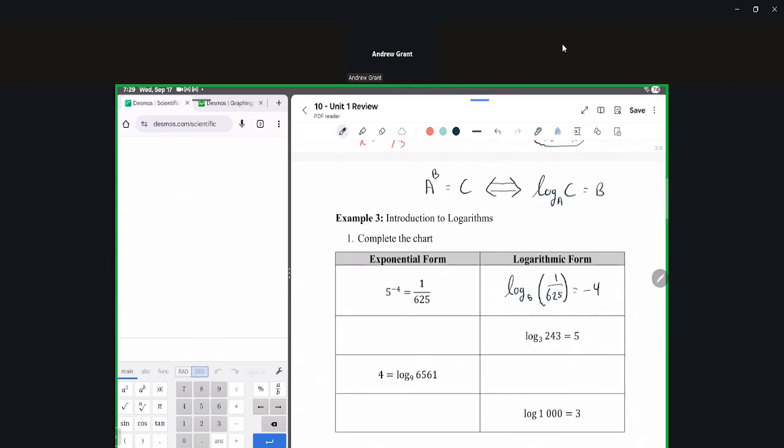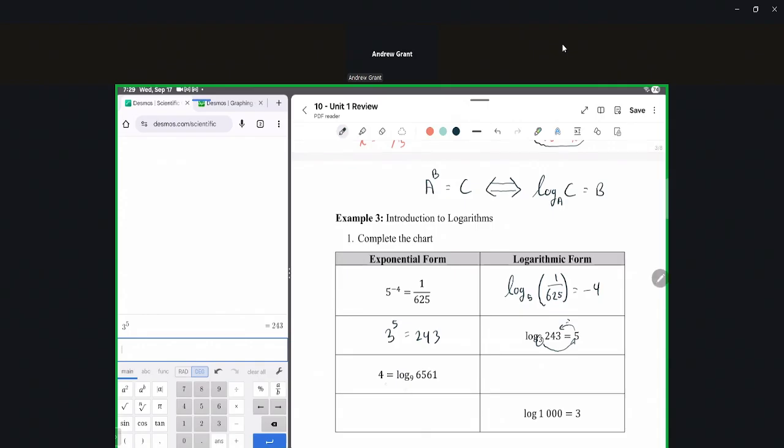And if you have something like log base 3 of 243 is equal to 5, remember the way is you start with the base, move it over to the other side, and then say it's equal to that number. So this is the same thing as 3 to the power of 5 equals 243. When in doubt, you can always check your answers to make sure that this is the case.